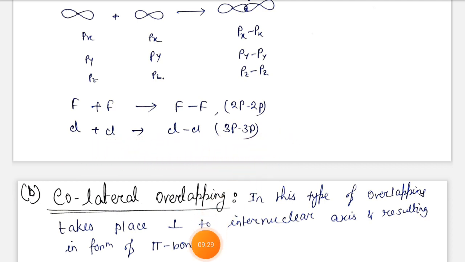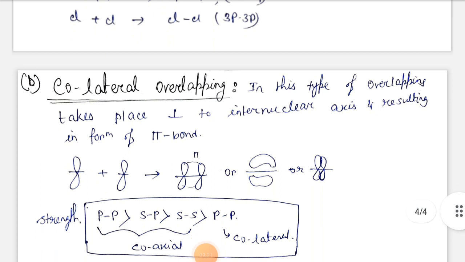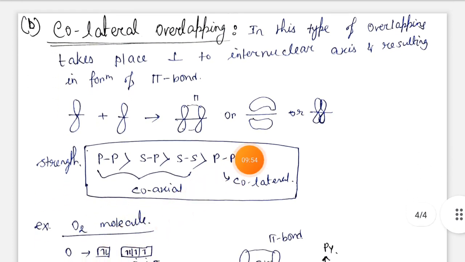Okay, next, collateral overlapping. Basically this is the type of overlapping that takes place perpendicular to the internuclear axis, resulting in the formation of a pi bond. So if perpendicular overlapping to the nuclear axis takes place, that is a pi bond, and if end to end or axis-wise overlapping takes place, that is a sigma bond.